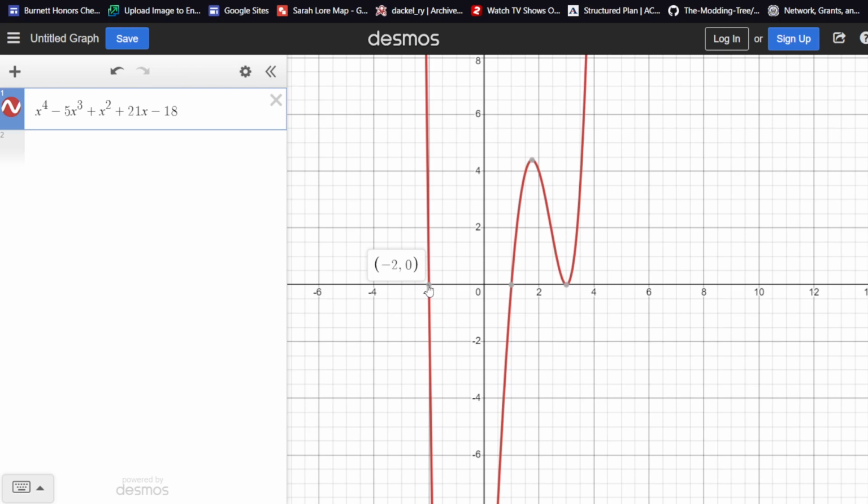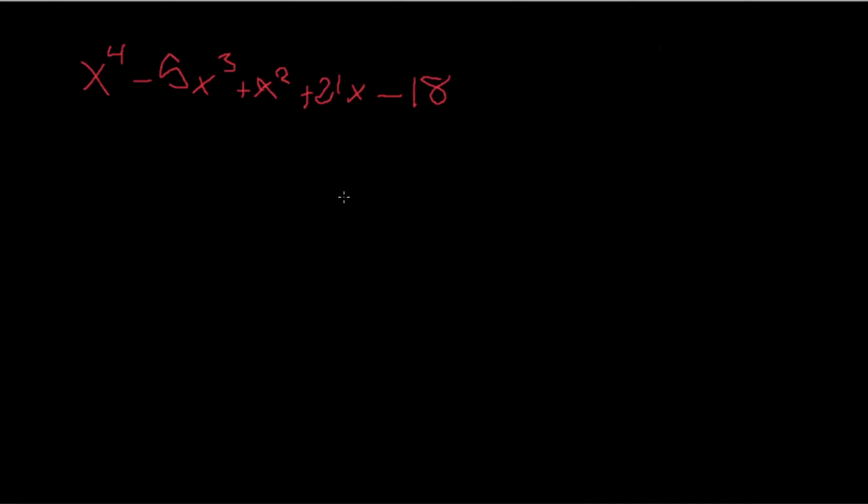If you want x plus 2 to equal 0, you have to set x to negative 2. So that's why if you have negative 2 as a zero, it's x plus 2, and that goes for anything, just switch the sign. So working from that, we get x plus 2 times something equals this. Now, how do we do that?